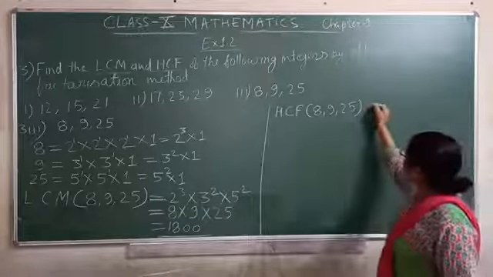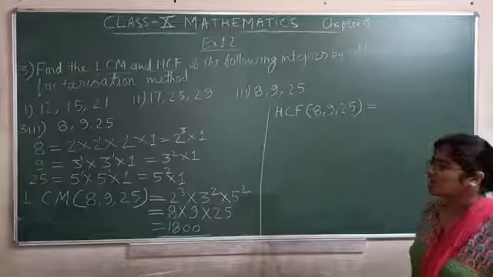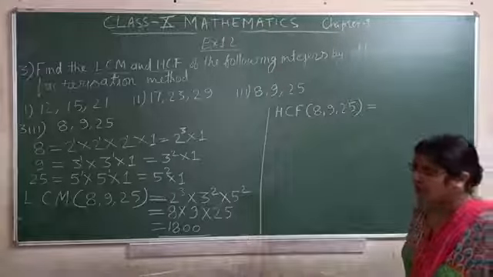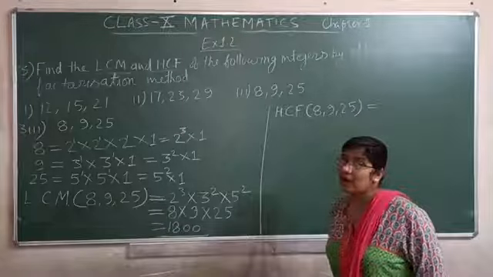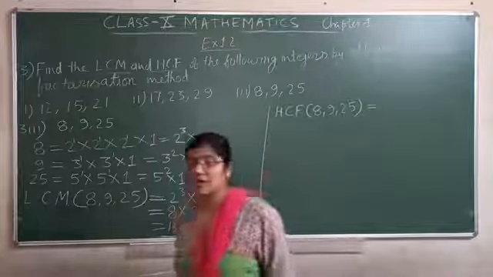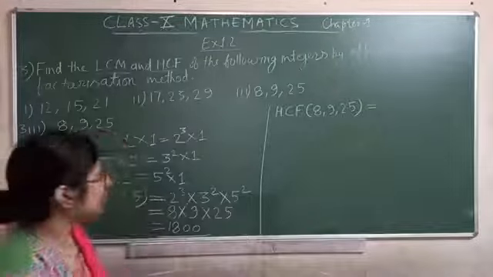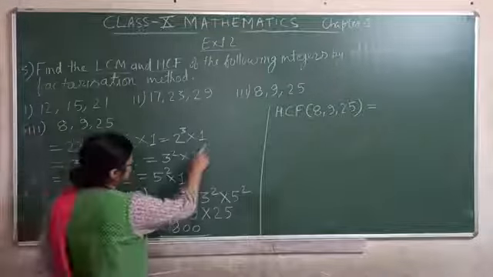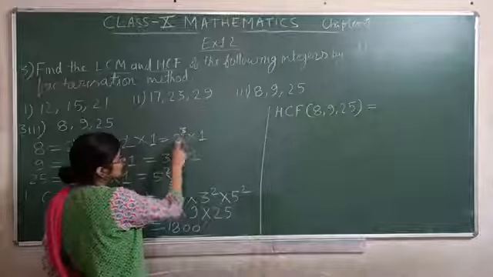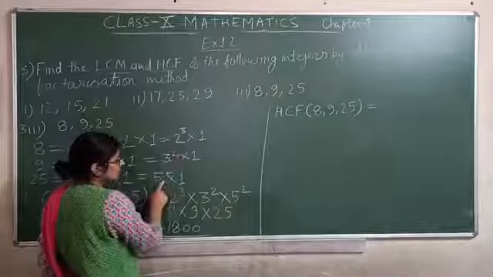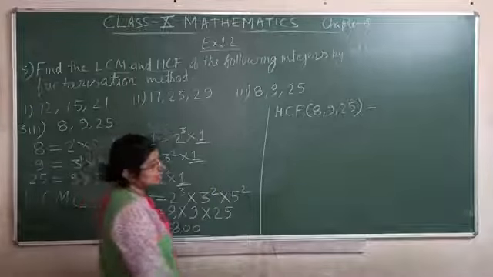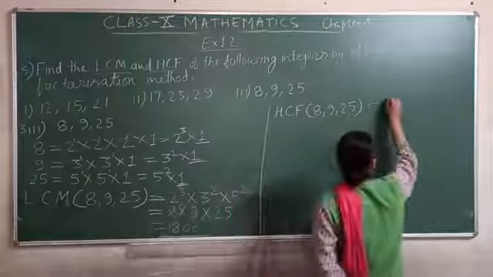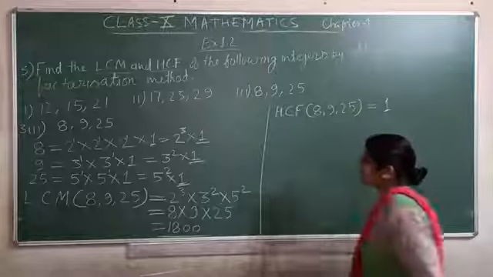So you know for HCF we have to choose the common factor with its least power. So what is the common factor here? You are looking at 2 cube only here, 3 square only here, 5 square only here. So you are looking at 1, 1, 1. So what is the common factor here? That is 1, and the least power of 1 is 1 only.